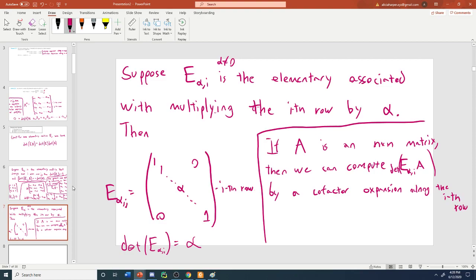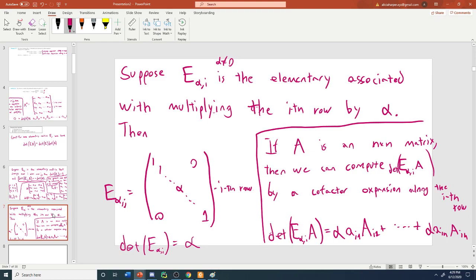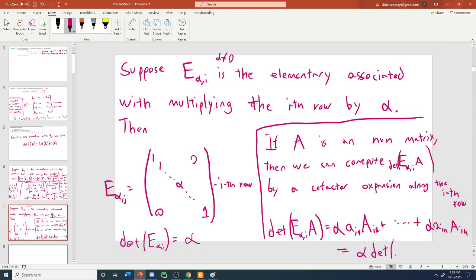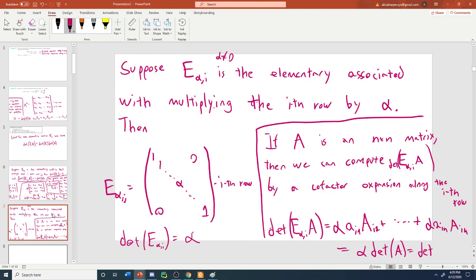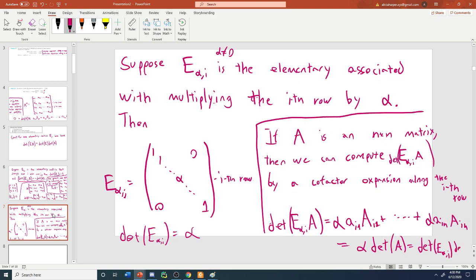Now, the ith row is all getting multiplied by alpha, so the determinant of E alpha i times A is simply going to be alpha times A i1 times the cofactor i1 plus and so on, plus alpha times A in times the cofactor in, and we can simply factor out the alpha from every term appearing in this expression, and we see that this is alpha times the determinant of A, which is the same as the determinant of E alpha i times the determinant of big A.